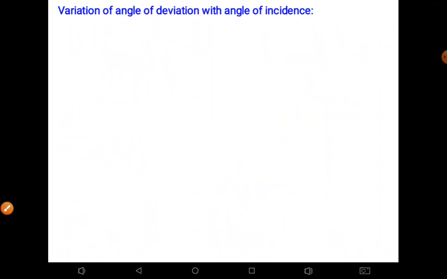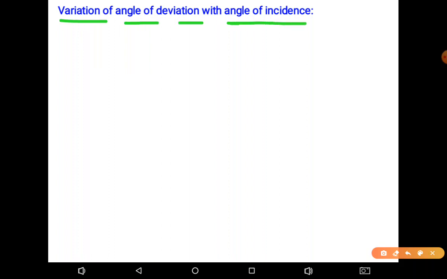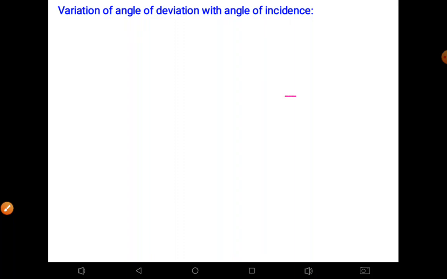Now we have to study the variation of the angle of deviation with angle of incidence, how the angle of deviation changes with the angle of incidence. In this topic we also have to draw a graph between angle of incidence and angle of deviation.